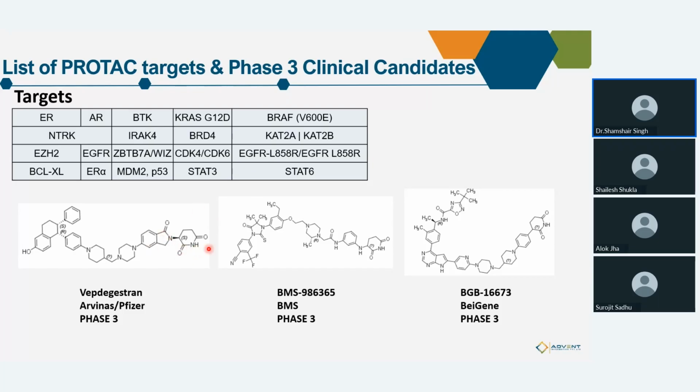This part binds to your E3 ligase, and in between these two you see the linkers. This one has a linker with very few rotatable bonds, and here also is the linker, and here this is the linker. So these two ligands are connected with a rigid linker. Again, what we see here are almost all rigid linkers, and their clinical status.